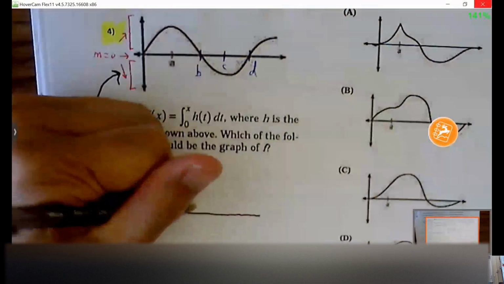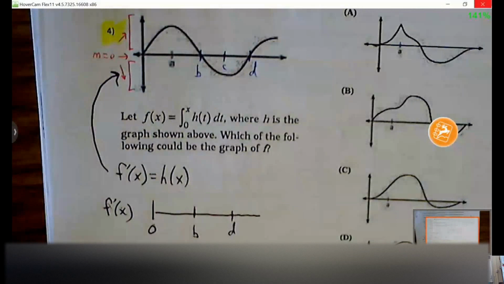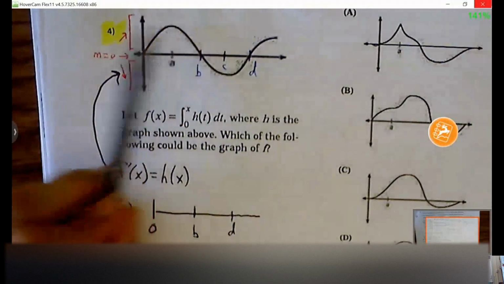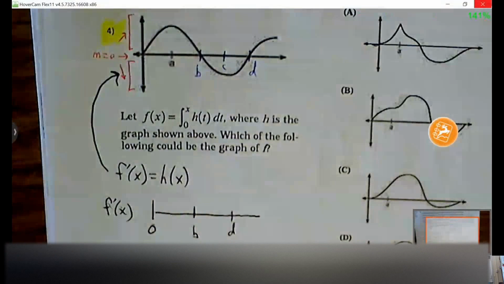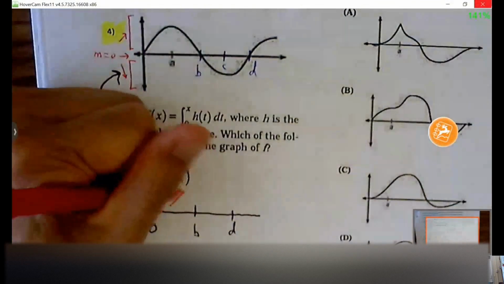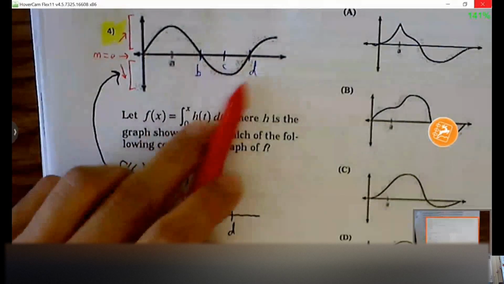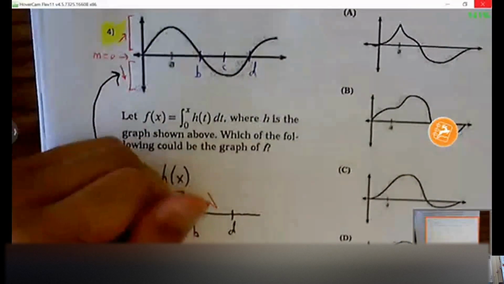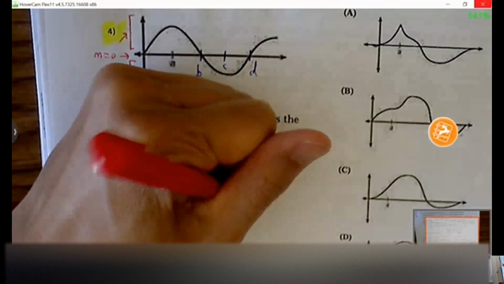Okay, so I'm going to say B and D. Between 0 and B, we see clearly above the x-axis, that's going to correspond with positive slope. Between B and D, we clearly see these are values below the x-axis. And then to the right of D, positive slope.